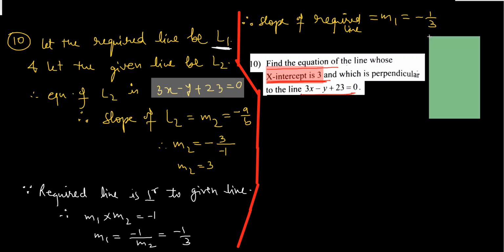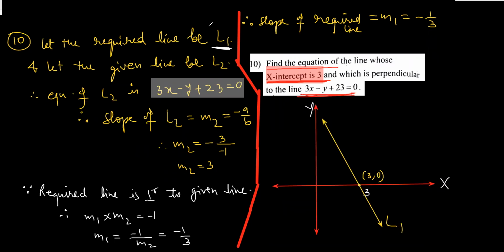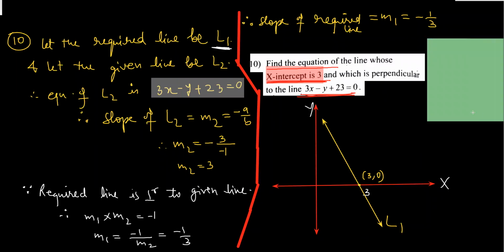If the x-intercept of a line is a, where a is some number, then the point (a, 0) lies on the line. You can check.